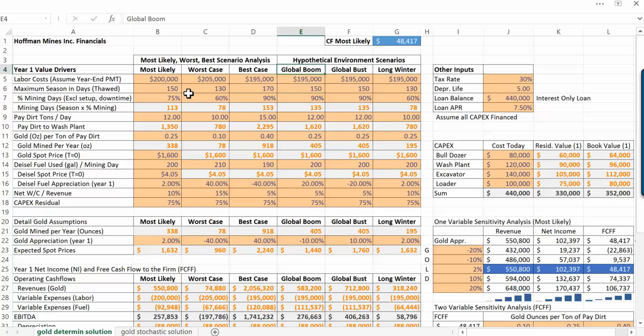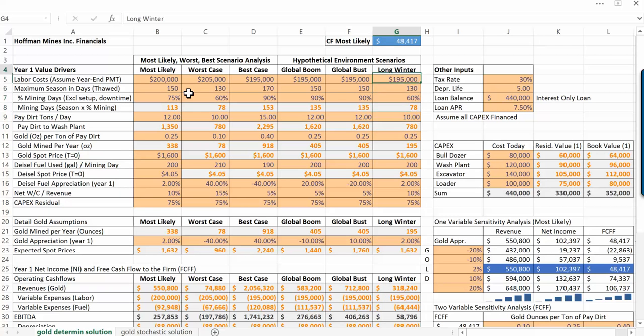So I looked at a global economy booming, and when the global economy booms, it definitely won't affect the amount of gold I find in the ground, but it is going to affect, say, the price of gold. When the economy is booming, gold prices tend to go down and fuel prices tend to go up. And if there's a global bust, there's a flight to quality and gold prices tend to go up and fuel prices tend to go down because of less demand from business.